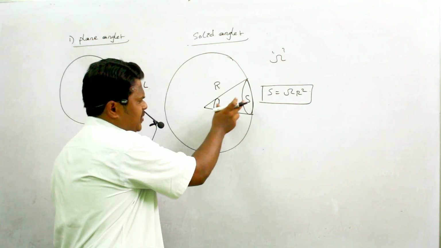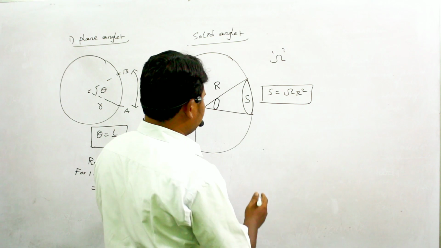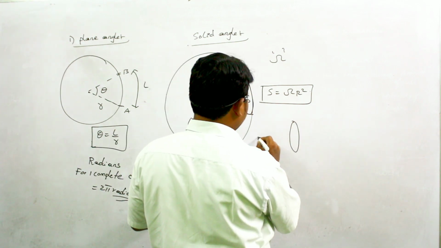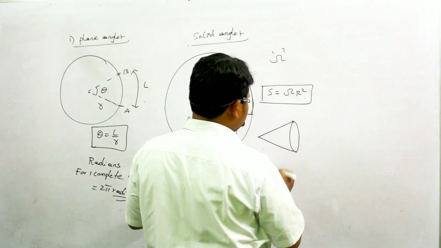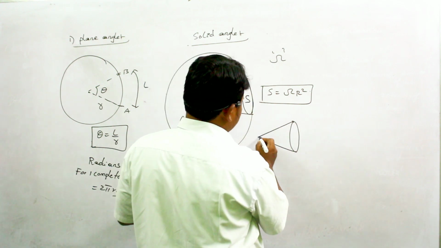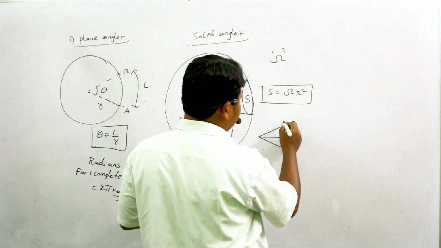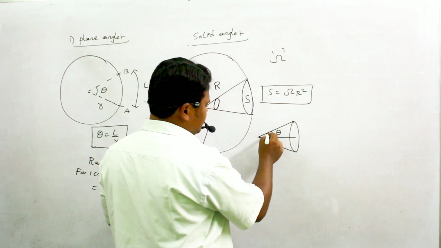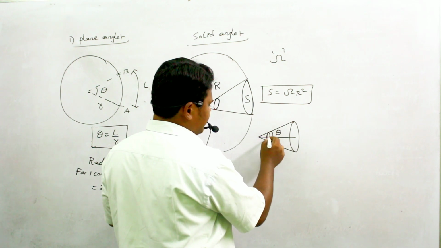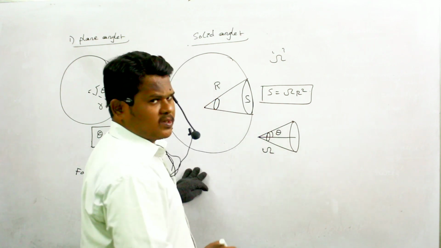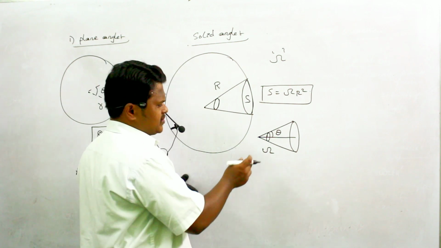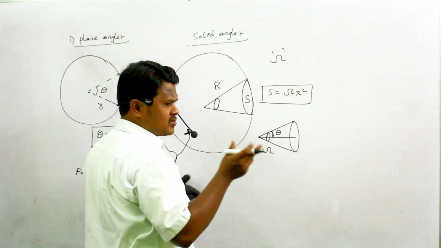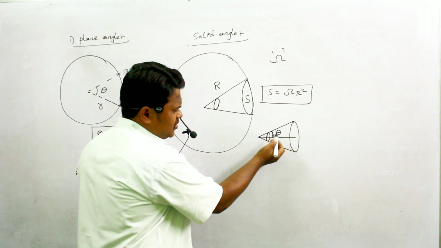Now if I separate this cone and draw a separate figure here, this is how I can draw the figure. The half plane angle which is created, let it be theta, and the total solid angle which is created, let it be sigma. I hope you are understanding the difference. For half of this cone we are taking only the plane angle, that is the half plane angle, and it is called theta.